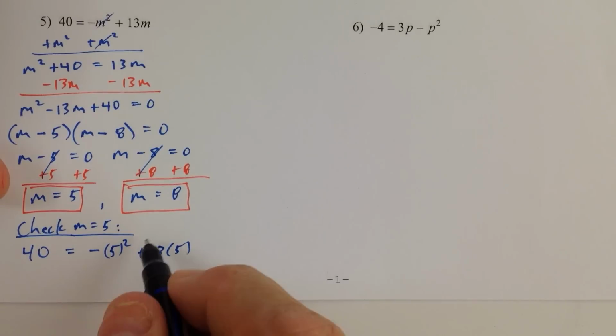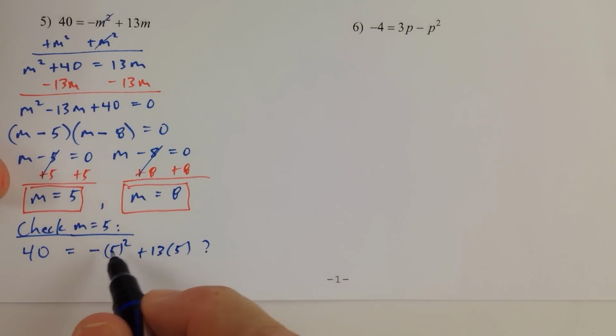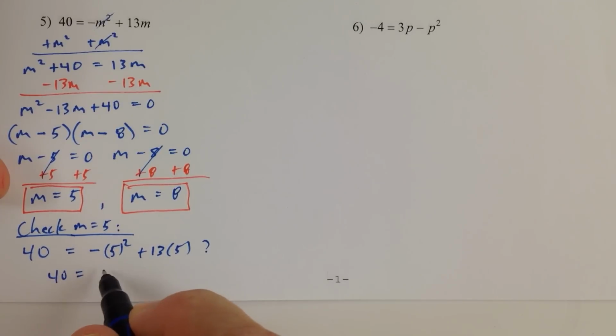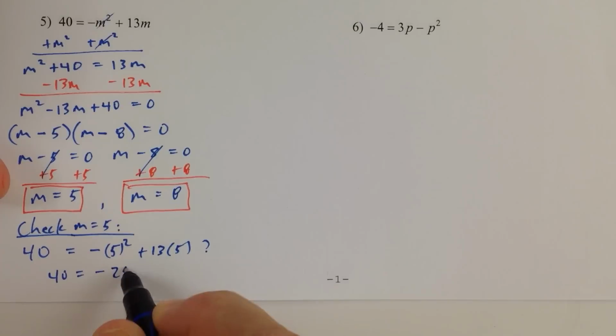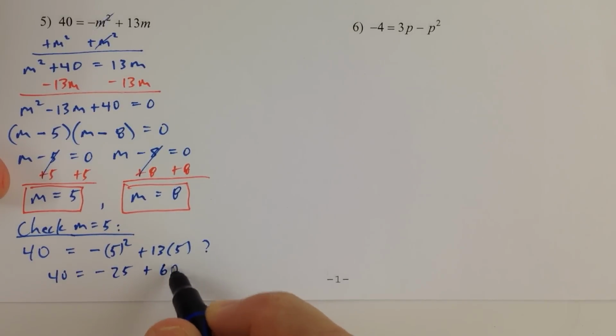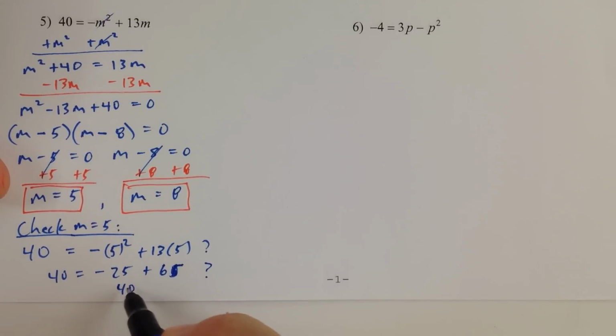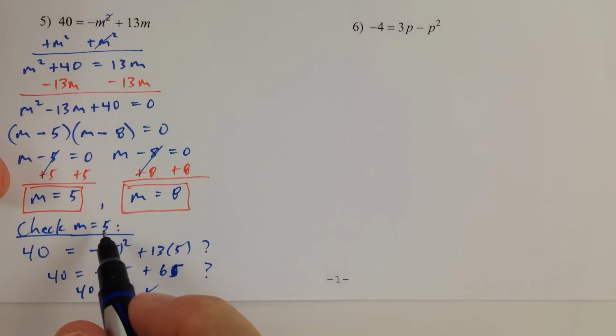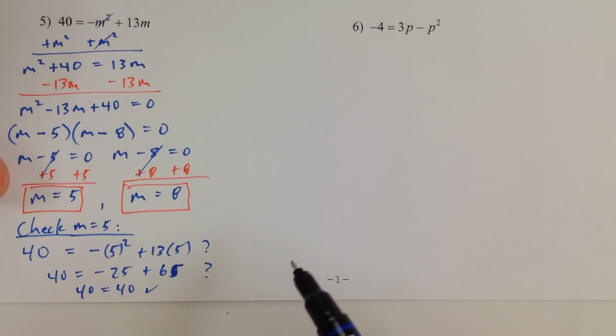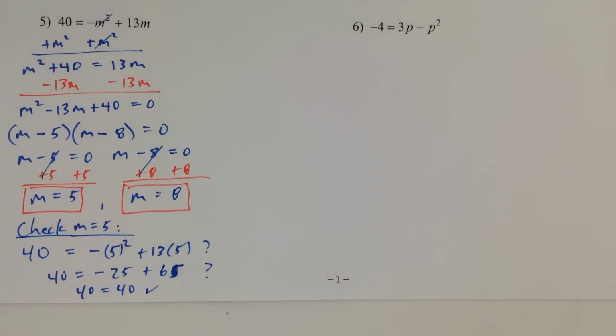You might think, well, that might be 25, but it's not 25. We square the 5 first, we get -25 plus 65, and -25 plus 65 does indeed equal 40. So 40 equals 40, check, which means that 5 makes the original equation true, and I'm confident that 8 does too, and I don't want to show it right now, so I won't.